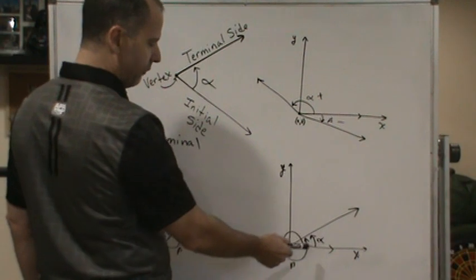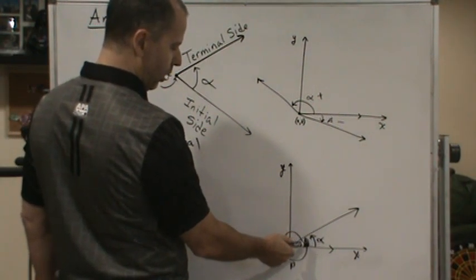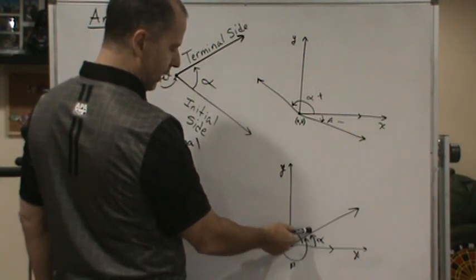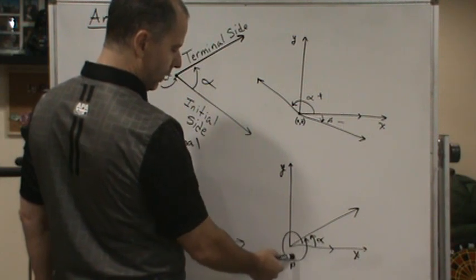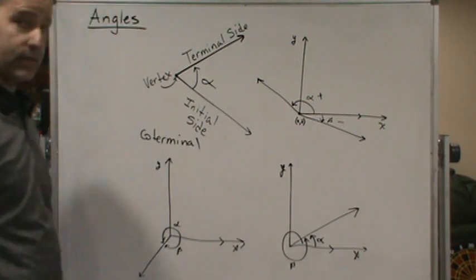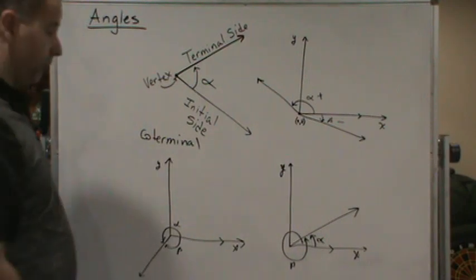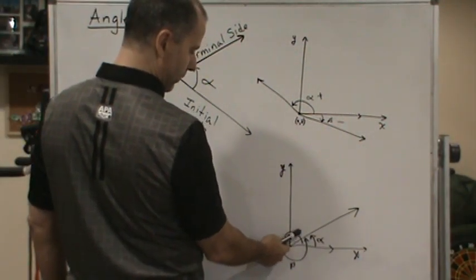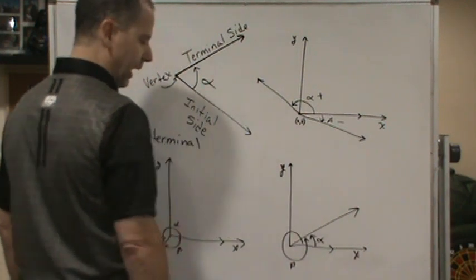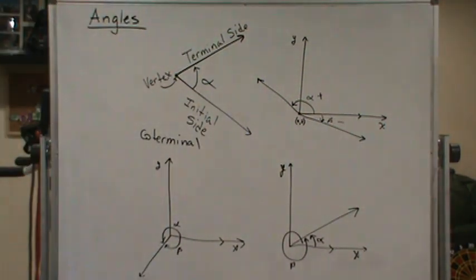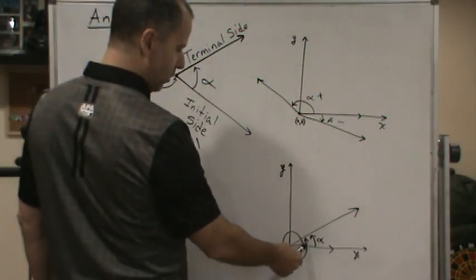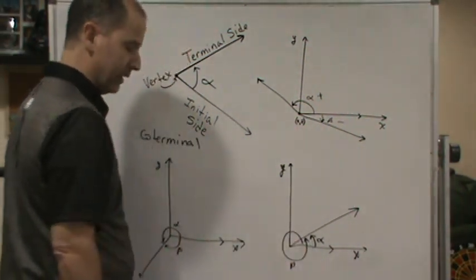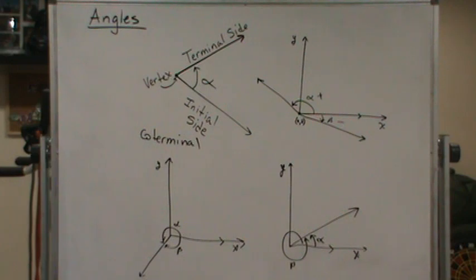But notice that if we start here and, instead of stopping at alpha, go all the way around 360 degrees from where alpha stops, we end at the exact same spot. So beta basically goes around one full revolution and stops at the same spot. So that is also an example of a coterminal angle.